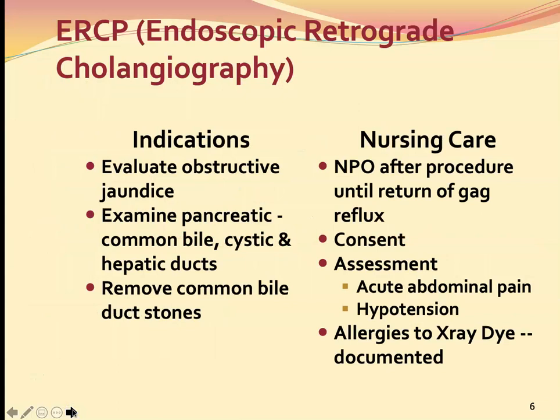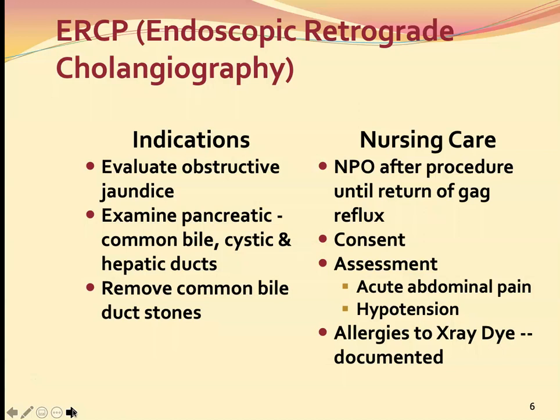And this is another study, ERCP, endoscopic retrograde cholangiopancreatography. Just so you know, for this procedure, the patient has to be NPO before and after. I will say that again. The ERCP patient has to be NPO before and after.